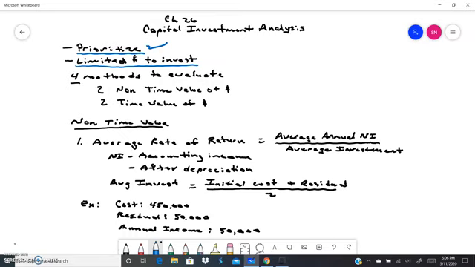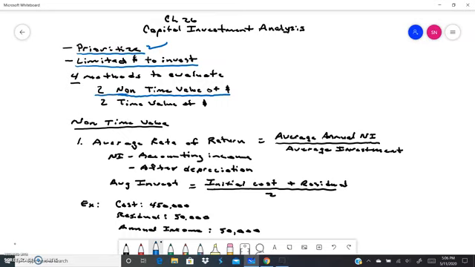So in this chapter, we've got 4 methods that are going to be used to evaluate whether we undertake these capital projects. And by the way, these are used in real life, some more often than others, but pretty much all of them are used at one time or another. Of the 4 methods, 2 do not involve the concept of the time value of money.